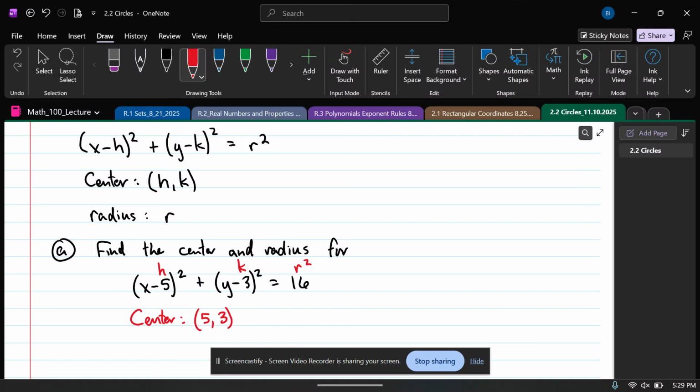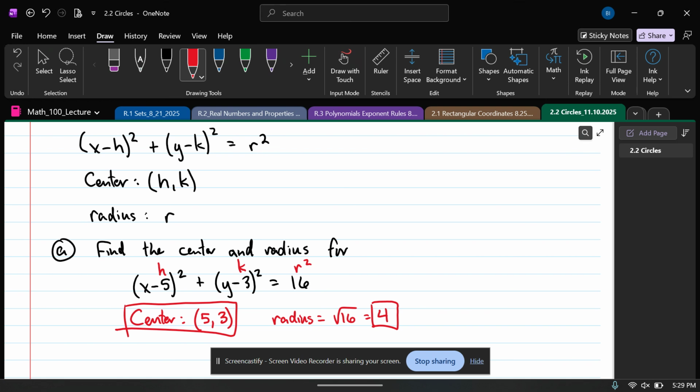Okay. Now, this 16 down here is what r squared is. Okay, so to find the radius, we're going to take the square root of 16, which is 4. So we have the center and the radius now from the equation. And if we've got the center and the radius, we could draw the graph.